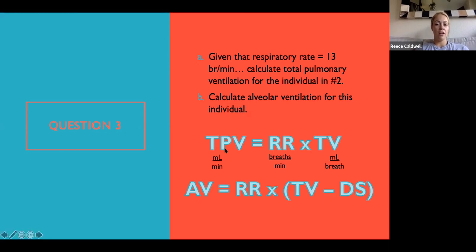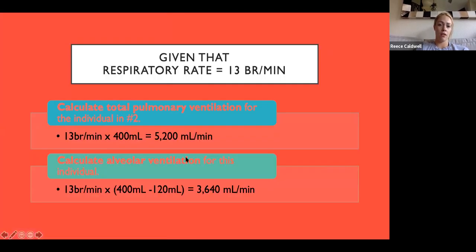Total pulmonary ventilation accounts for all the air from the nose, the nasal cavity, the trachea, and the dead space to the alveoli. Alveolar ventilation just looks at the air that reaches the alveoli. So alveolar ventilation will always be smaller than total pulmonary ventilation because we're going to be subtracting that dead space volume.